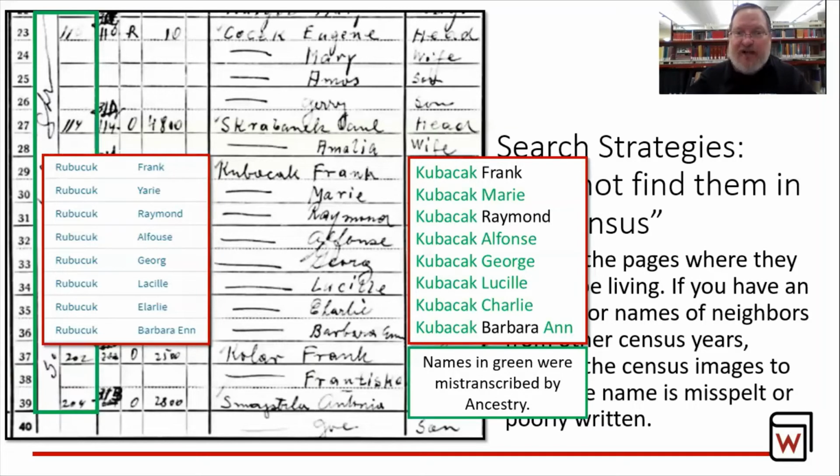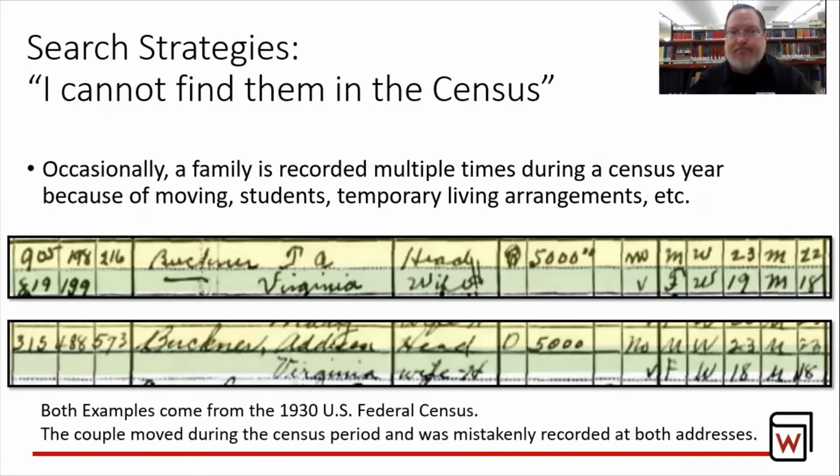So in this case, we have family members, how Ancestry transcribed the name, and then how the actual name should have been transcribed. This is my family, T.A. Buckner. Be aware that families were recorded multiple times in any given census year. This is because you were moving, they were students, or they had temporary living arrangements.